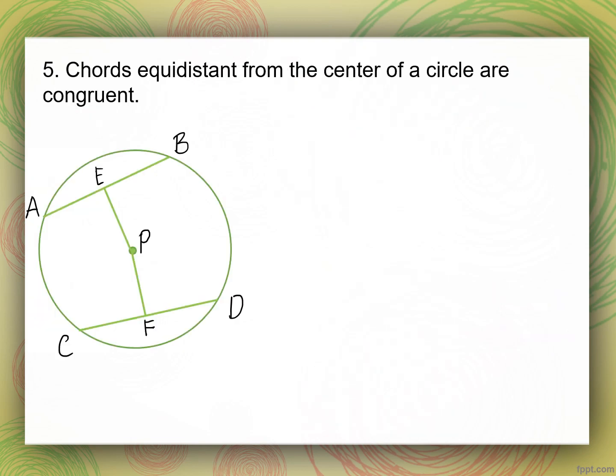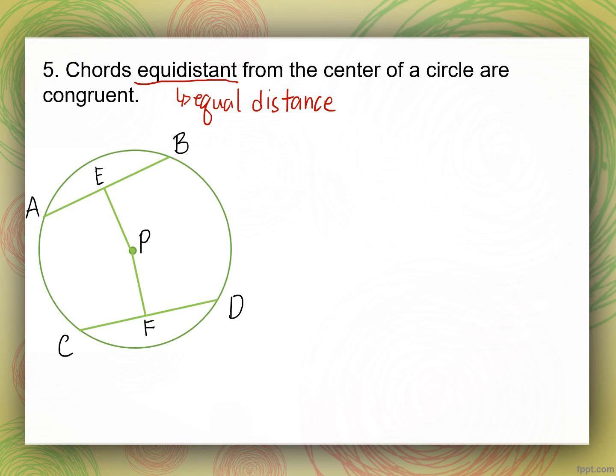Now let's have the fifth one. Chords equidistant from the center of a circle are congruent. So the word equidistant here means equal distance. Okay, so let's use circle P here to show this theorem.